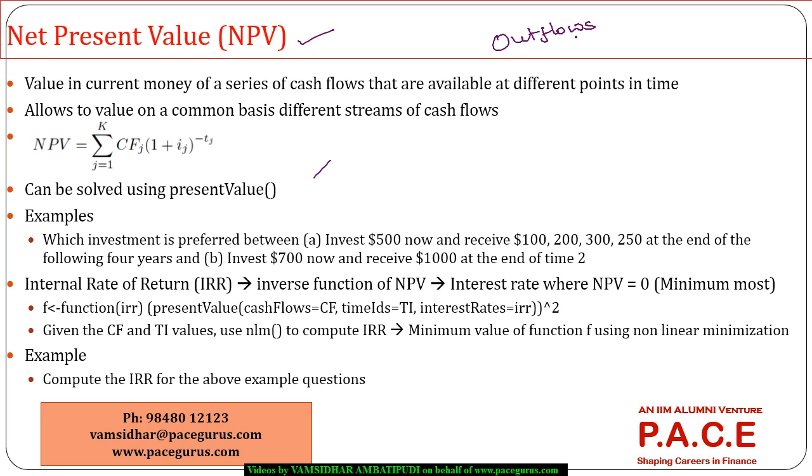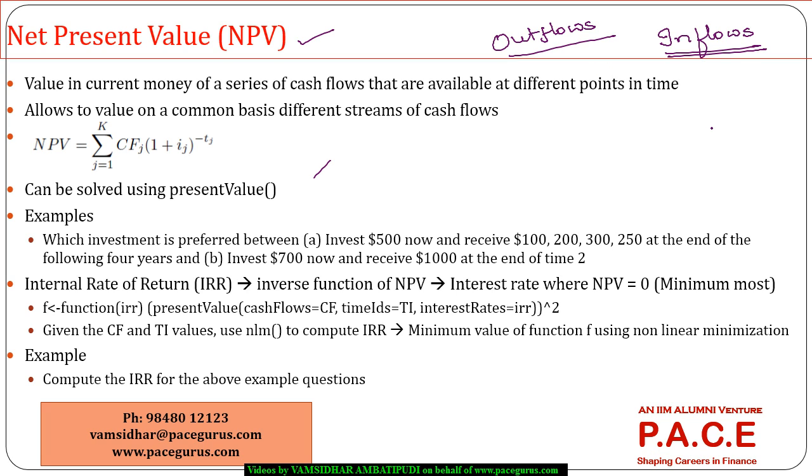Generally we invest in projects, so there are outflows, and those projects will start yielding some cash flows in the future. Those are inflows. So when we are talking about the net of outflows and inflows, I'm trying to find out the present value of both the outflows as well as inflows, and finding the net value.